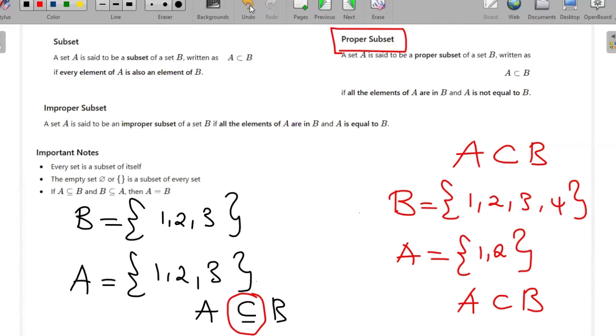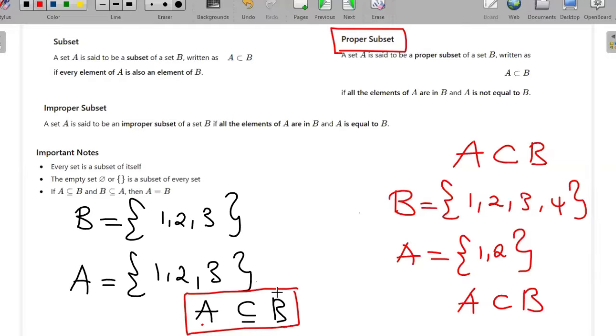It's the same symbol for the subset, but you put a line below it to mean that this set A is actually equal to B. So if two sets contain the same things, then they are improper subsets of each other.